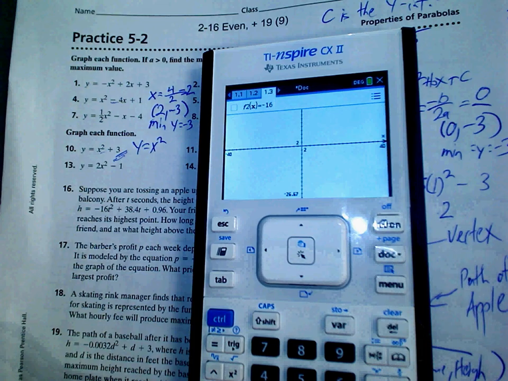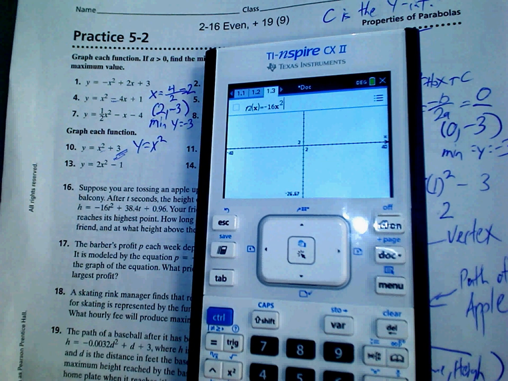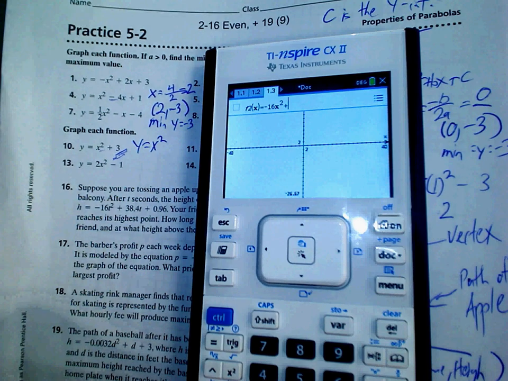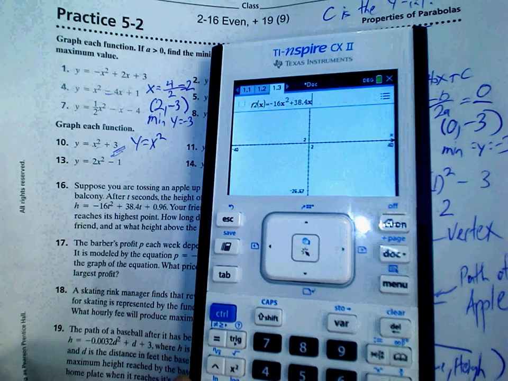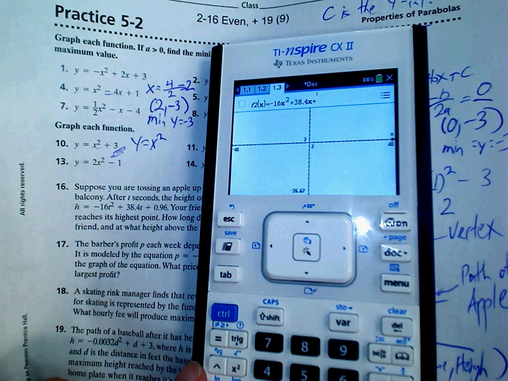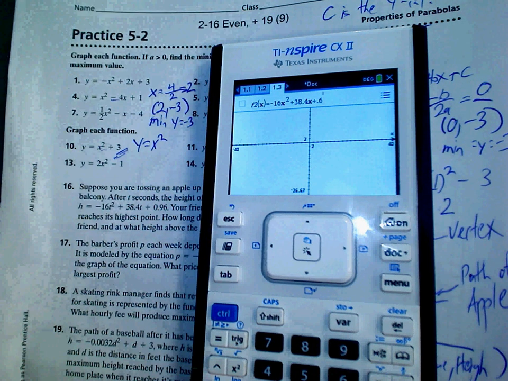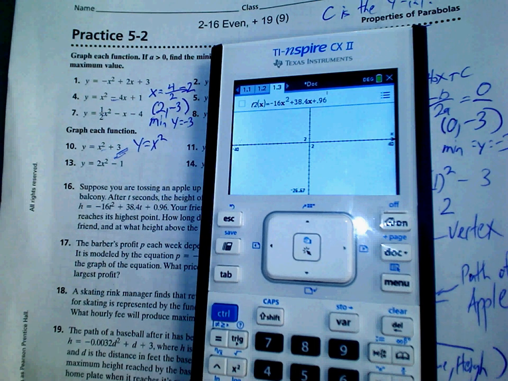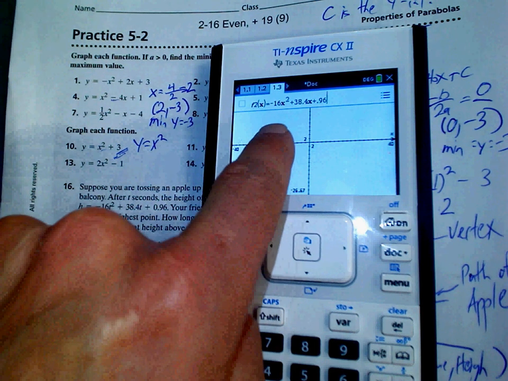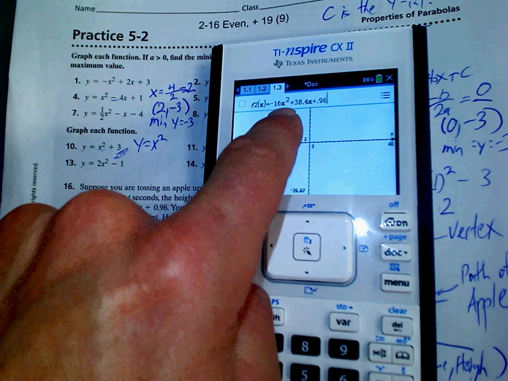X can be the same thing as t. Hey, we're talking about standard form there. What do we got next? Plus 38.4x plus 0.96. Oops, I didn't get it all in there. 0.96. There is that quadratic model, that quadratic function that would relate the path of the apple.